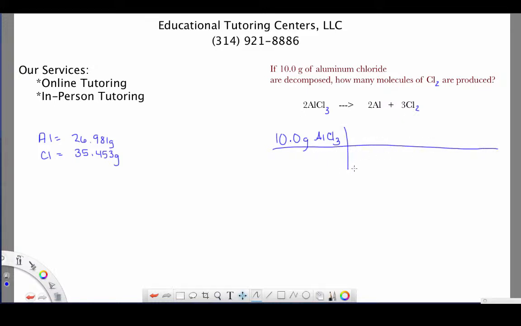Just like before when we did our mass problems, we needed to set up our mole ratio, and we also needed to set up our mole mass ratios. And on this one, we'll also need to convert from moles to molecules by using Avogadro's number, which is 6.02 times 10 to the 23rd power.